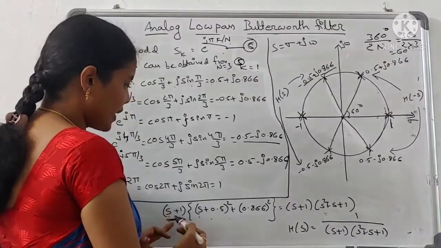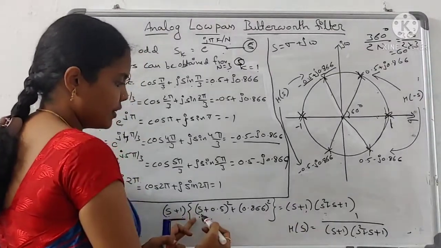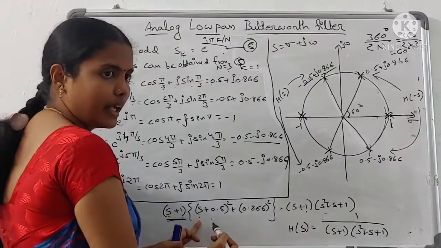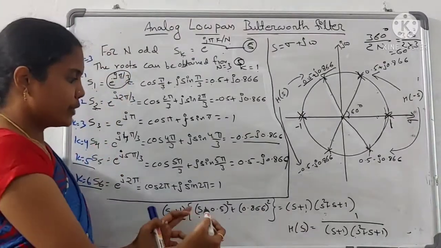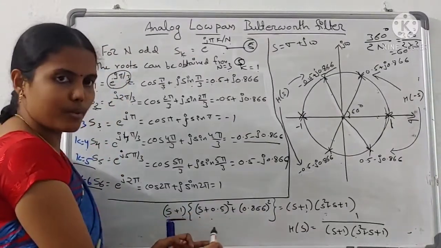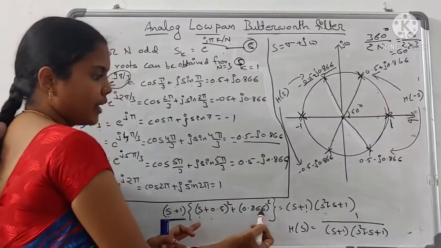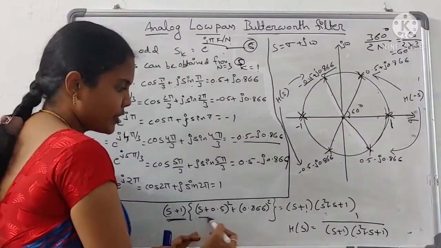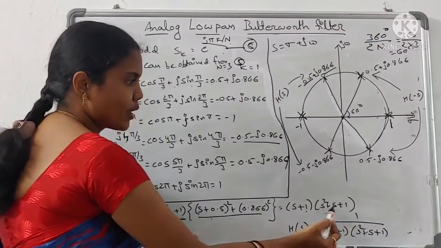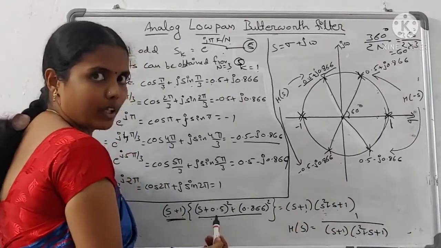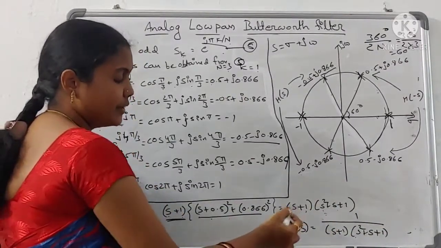Okay, so you are getting s plus 1. It is in the form of s square plus a plus b whole square, so (s plus 0.5) whole square plus (0.86) whole square. If you do this, you are getting s square plus s plus 1. Now this is what?